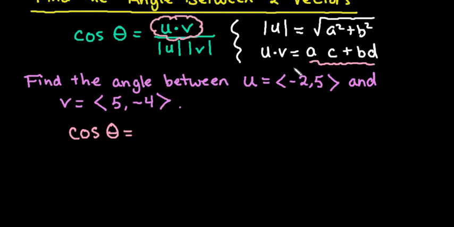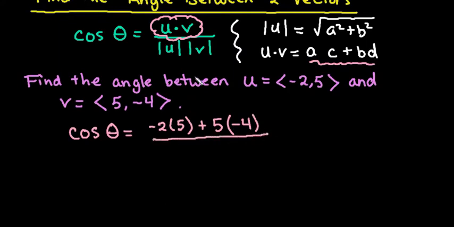So remember, to do that, I'm going to take my a coordinate, which is -2, times my c coordinate, which is the x coordinate of v, plus b, which is my y coordinate of the first vector, times the y coordinate of my second vector, divided by the magnitude of u.